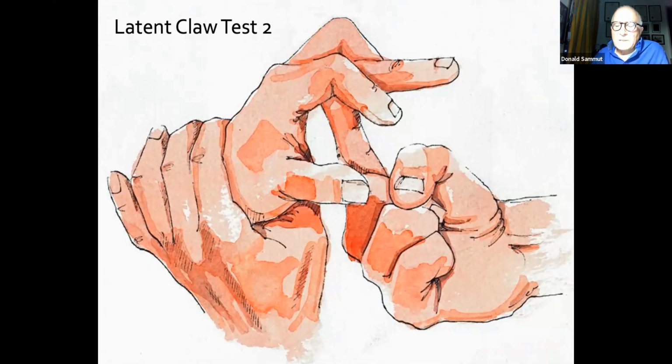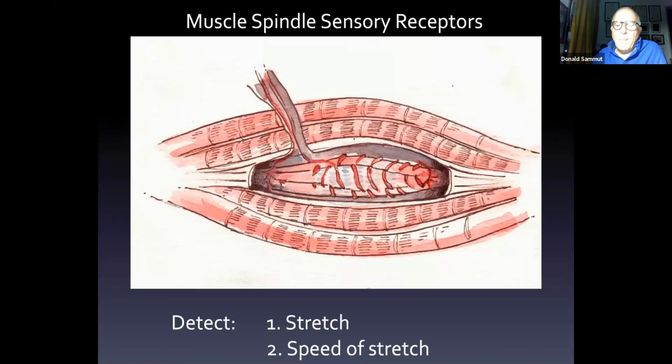Far more importantly, as a function, is the lumbrical as a sensory organ. Remember that muscles are very important sensory organs, and their importance is proportional to the number of muscle spindle sensory receptors. And these detect both stretch and speed of stretch.